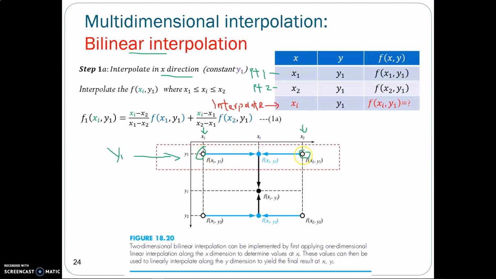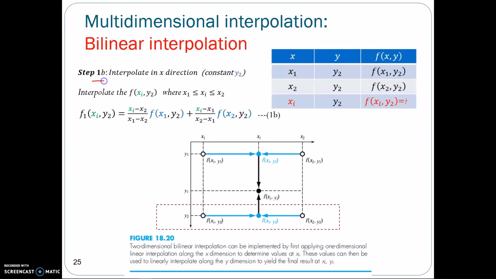Then by using these 2 points, we can use the linear interpolation, which is shown in the equation 1a, to find the function at xi here and y1. So this is the point that you want to interpolate, and this point is between x1 to x2.